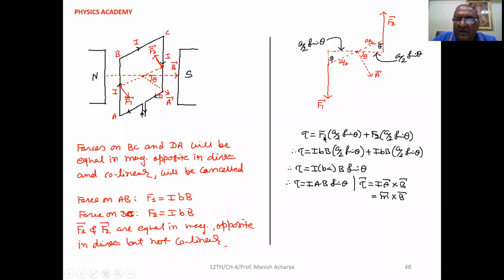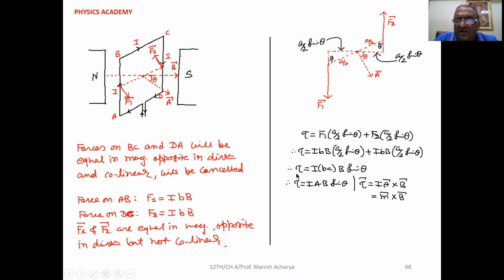So F1 and F2 are magnitude wise the same, IbB. So we can write here torque tau is IbB into a by 2 sine theta plus IbB into a by 2 sine theta. So half IbBa sine theta plus half IbBa sine theta.